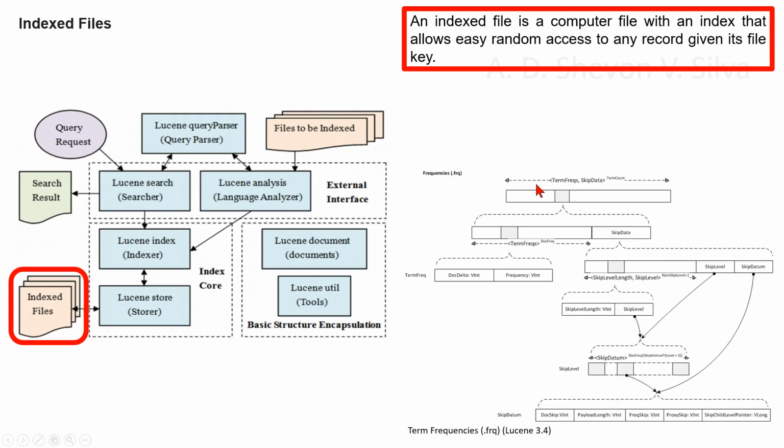Now here you can see term frequencies, .frq, in Lucene 3.4. The .frq file contains the list of documents which contain each term, along with the frequency of the term in that document.